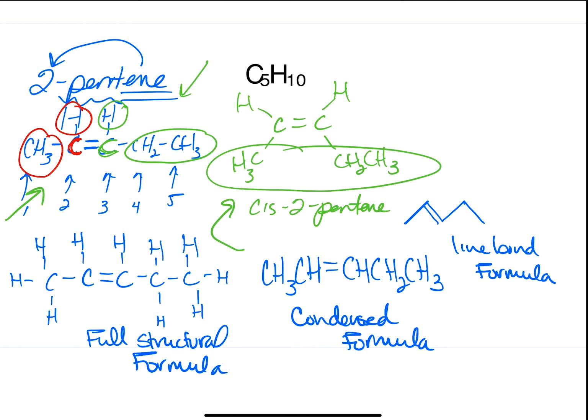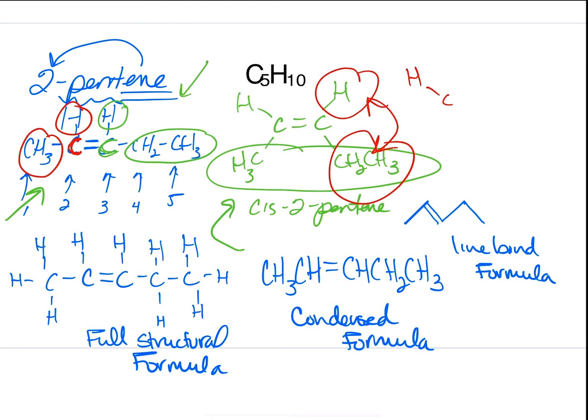And how would we draw the trans? Well, you would take one side and flip it. So if we go ahead and take this side and flip those around, so you would be breaking the bonds and remaking them, keeping the other side of the double bond exactly the same.